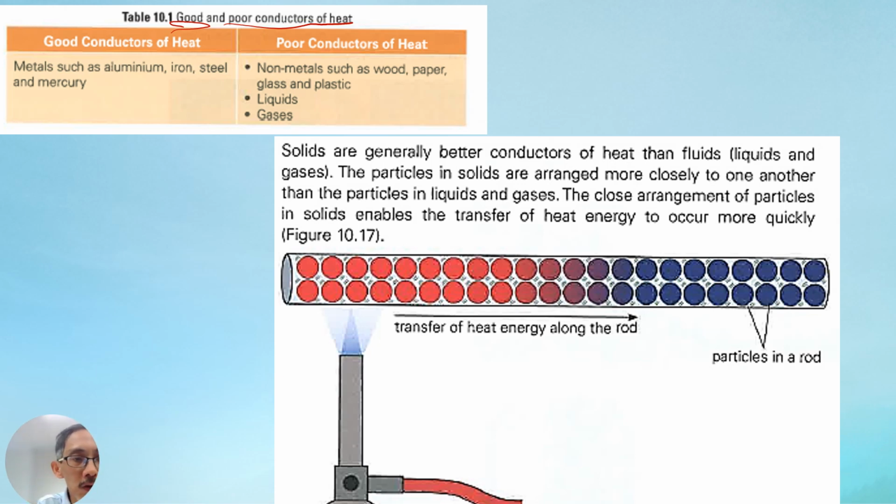Good conductors are mainly your metals, which we will see in an experiment video later on in chapter 10.4. On the other side of the table are the poor conductors of heat.